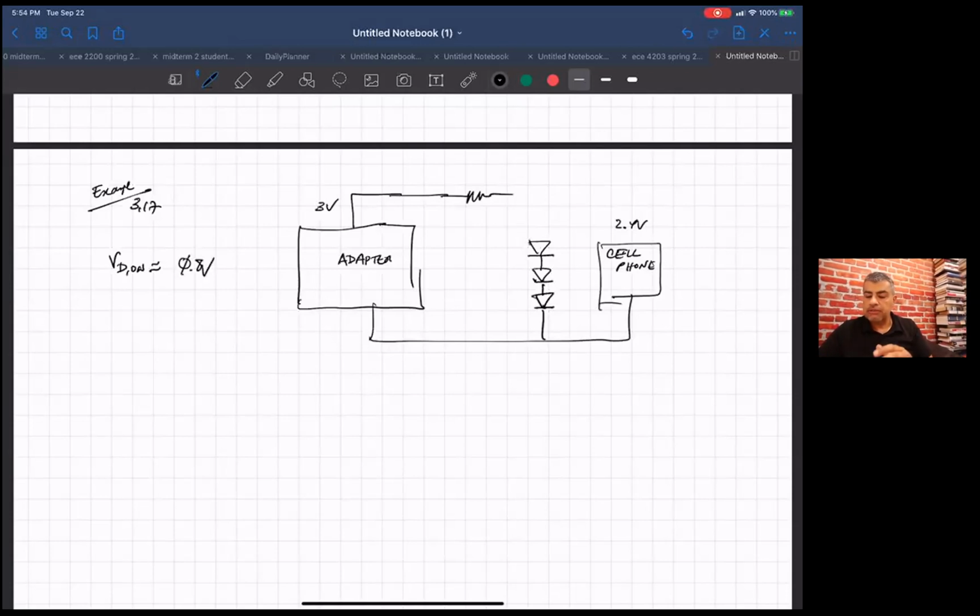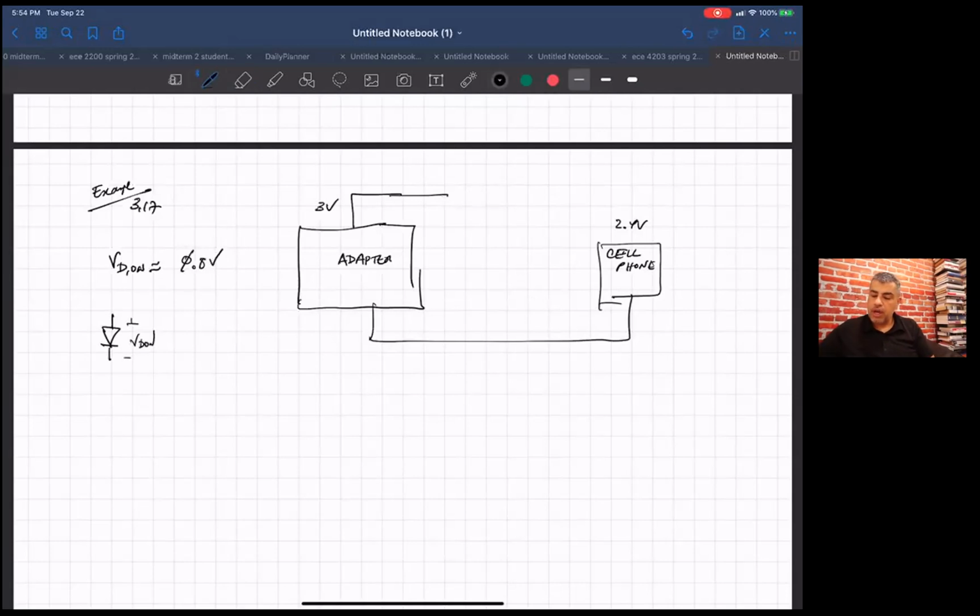We said that V_D on isn't going to change much more than that. So if we have a forward bias diode, the voltage across it is going to be around 0.8 volts. We talked about that in class.